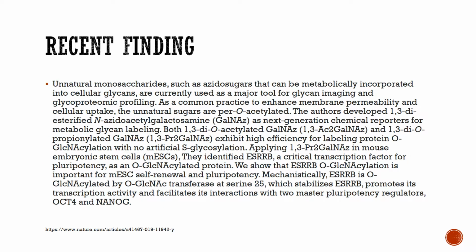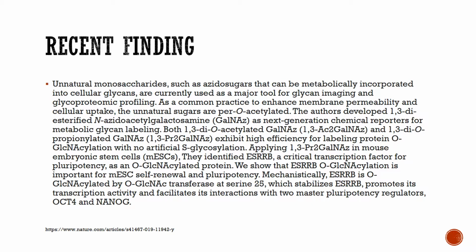Recent findings regarding glycoproteins. Unnatural monosaccharides such as azido sugars that can be metabolically incorporated into cellular glycans are currently used as a major tool for glycan imaging and glycoproteomic profiling.